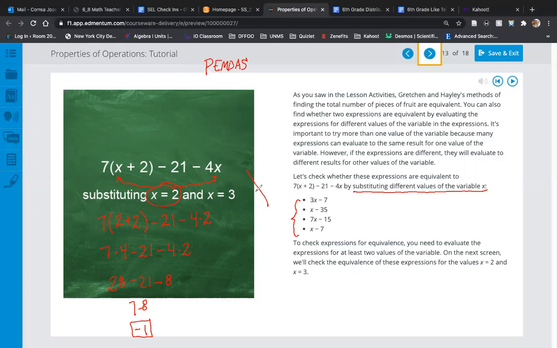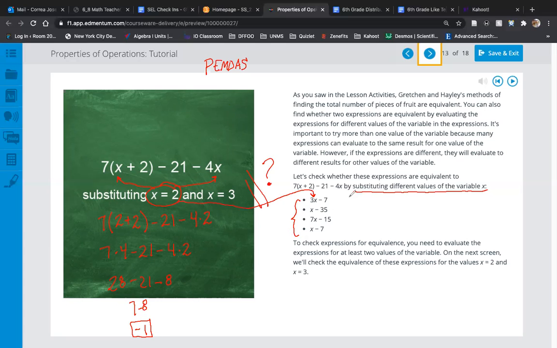So are any of these equal to this one here, right? One way that I can figure that out is, okay, so I know when x is 2, this expression here gives me a value of -1. So why don't I try also taking this x value of 2 and replacing it into these expressions here to see if I get the same value of -1.